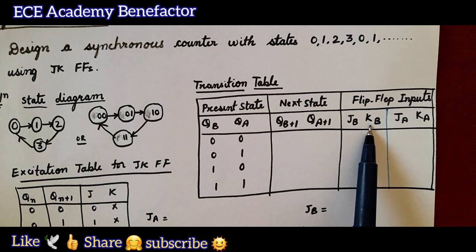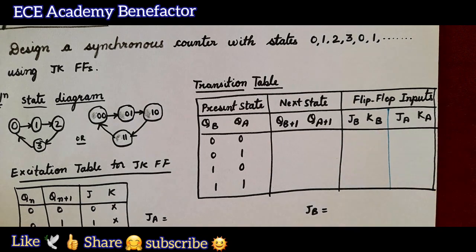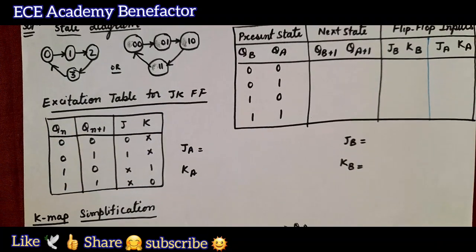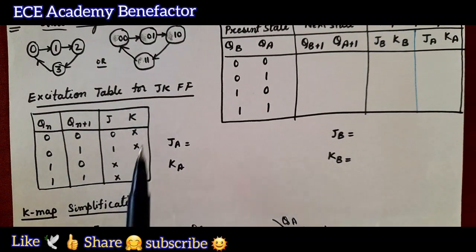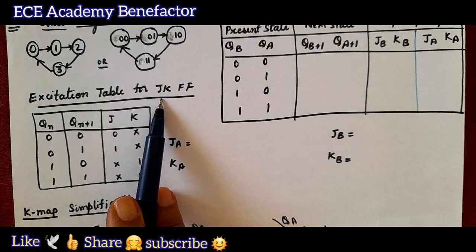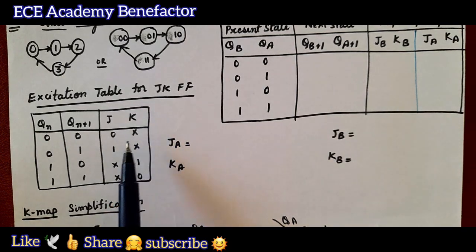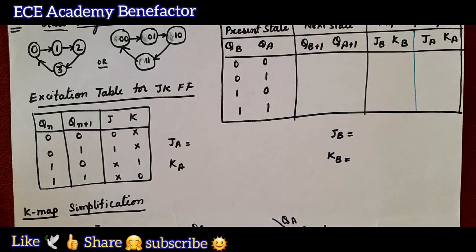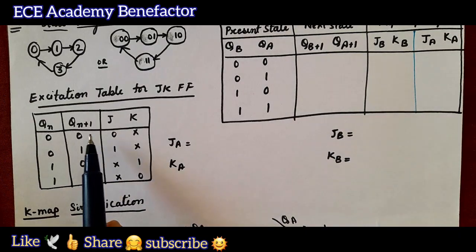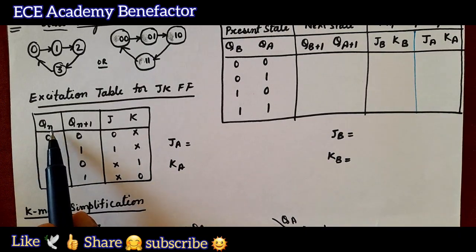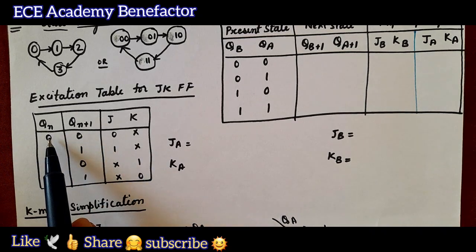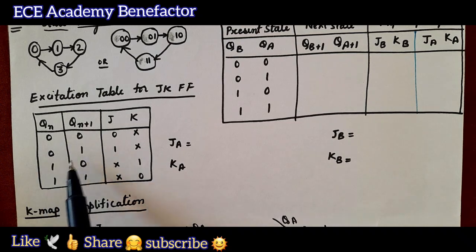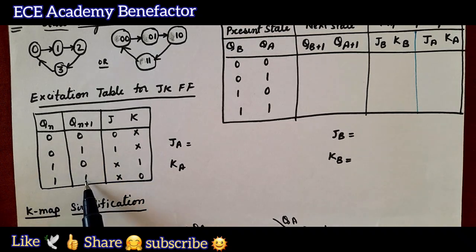How do we fill this column now? We need to know the excitation table of the JK flip-flop, which we have already discussed in the previous classes. If you know the excitation table for the JK flip-flop, then you can easily fill this transition table. What is it? QN to QN plus 1: for these 2 outputs we have written the 4 possible binary combinations 0 0, 0 1, 1 0, 1 1.